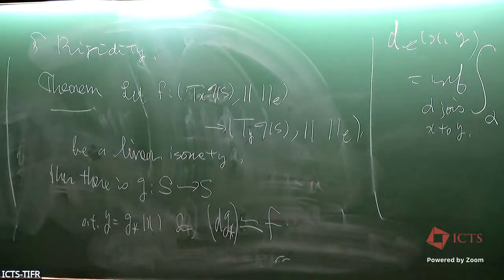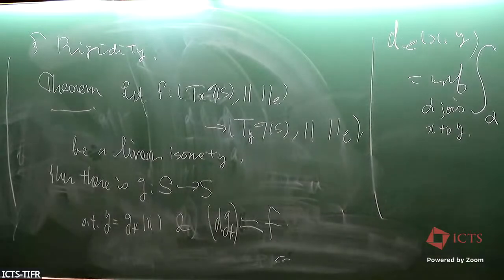By the way, for the original metric of the Teichmüller space, which is the Teichmüller metric, there was such a kind of rigidity, with a slightly different statement because of the circle action.